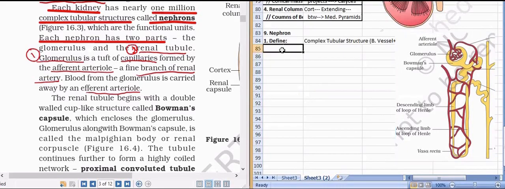First, the definition is completed. Next, quantity. How many will be there? Nearly, he said, 1 million, less or more. Next, the nephron divides into parts. Nephron parts, 2 parts.